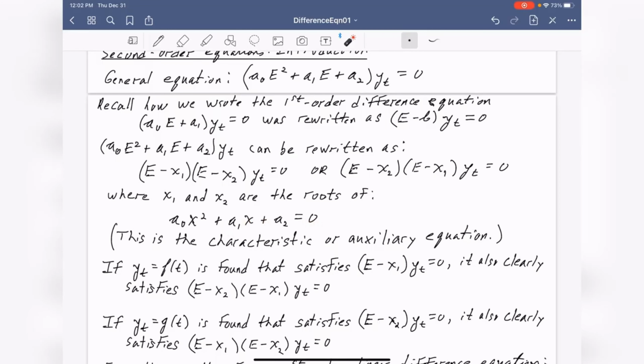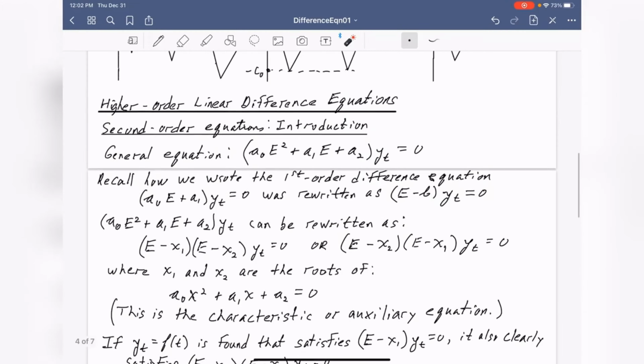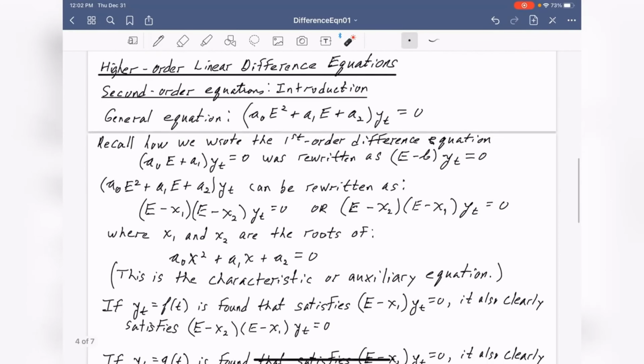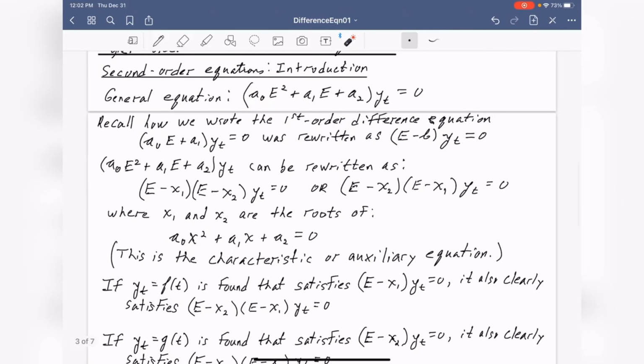where a0 x squared plus a1 x plus a2 is equal to 0. Notice how the characteristic or auxiliary equation looks very much like this general equation in operator form, but we've just substituted these E's with an x.